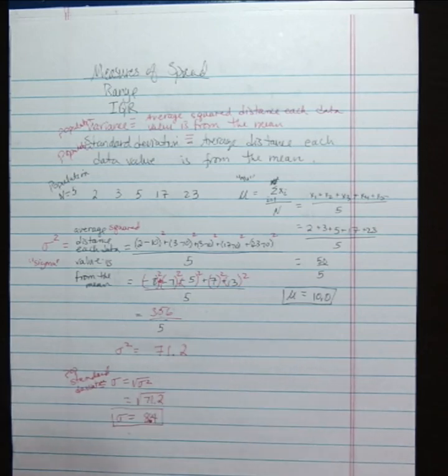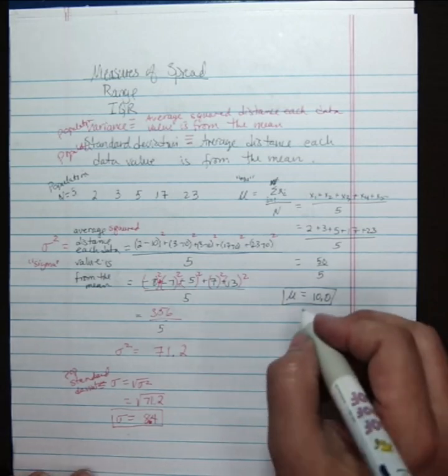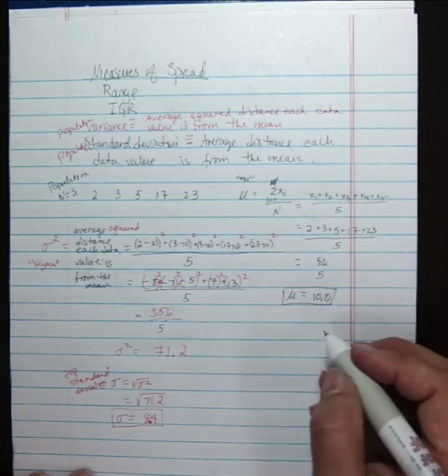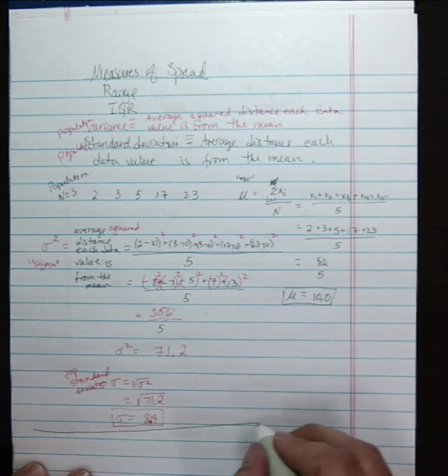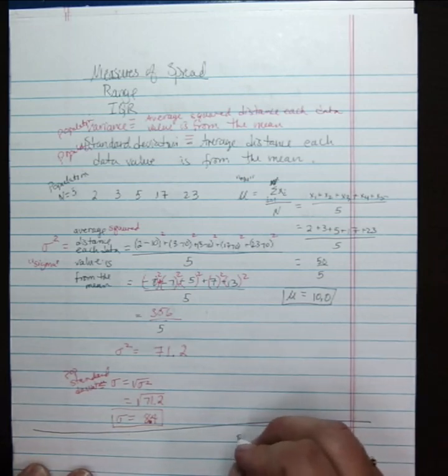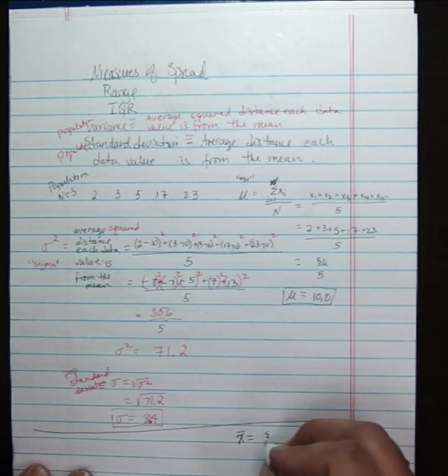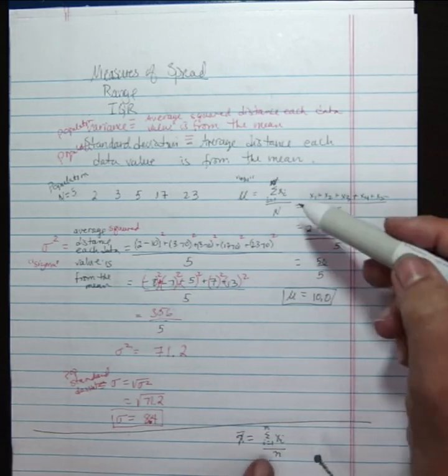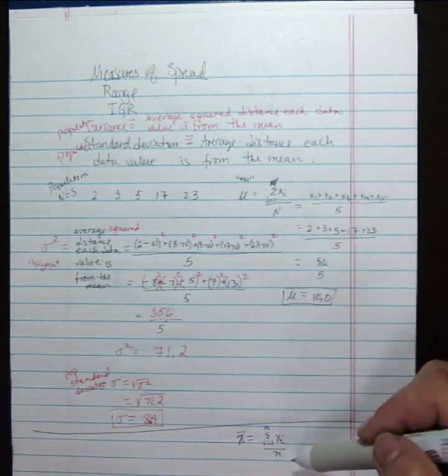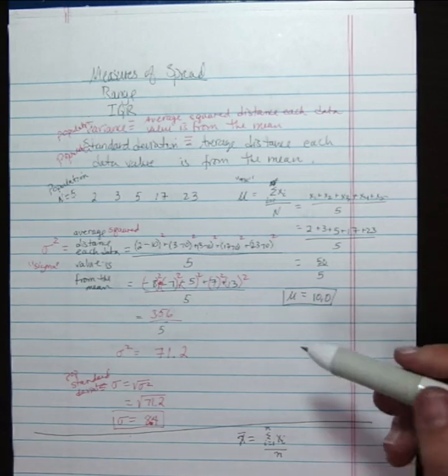Now, when we calculated the mean, so I just want to show you, we got population mean. Look what happens when we do a sample. The sample mean is represented by x bar, and it's the sum from i equals 1 to a sample size n divided by that sample size. The actual way that we do it doesn't change at all.